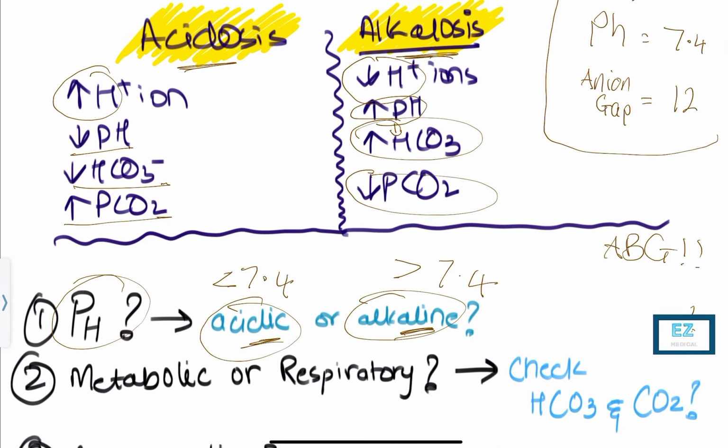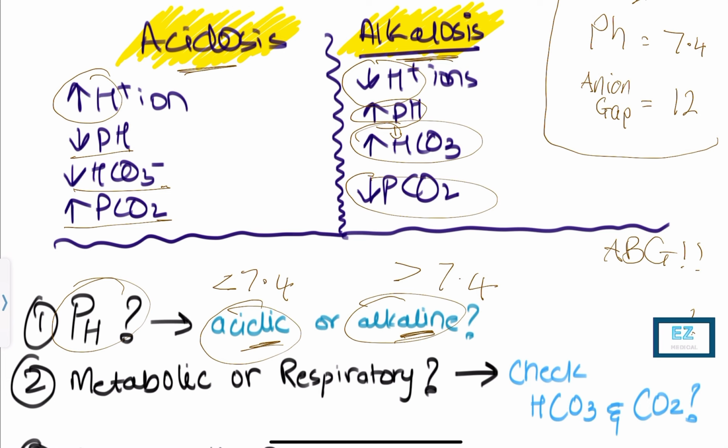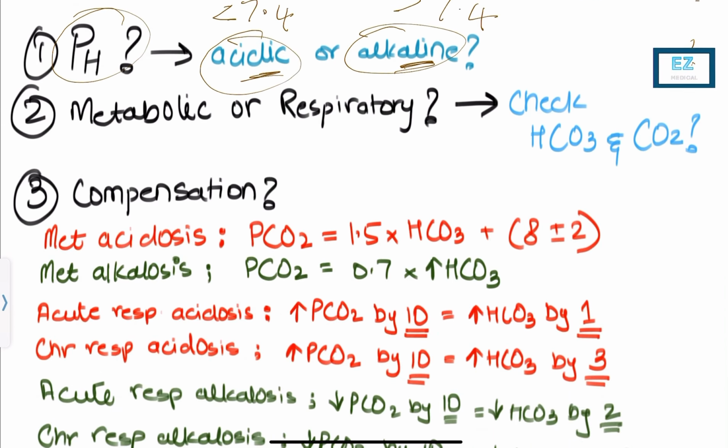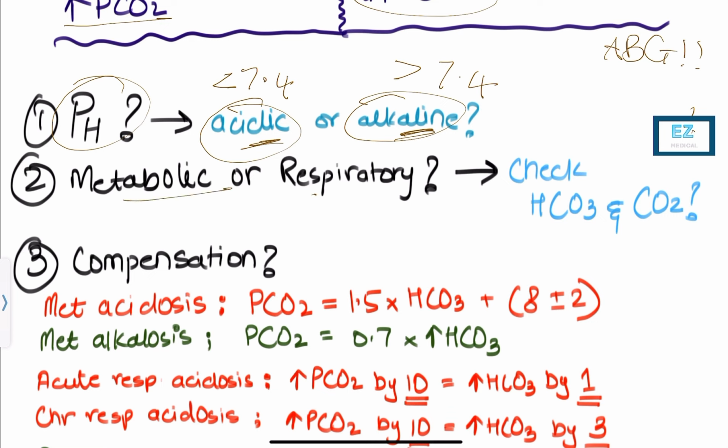Now to characterize whether or not it is metabolic or respiratory, we have to look at our bicarb and CO2. How is this important? So for metabolic, we got to look at the bicarb value. And for respiratory, we got to look at our CO2 value.